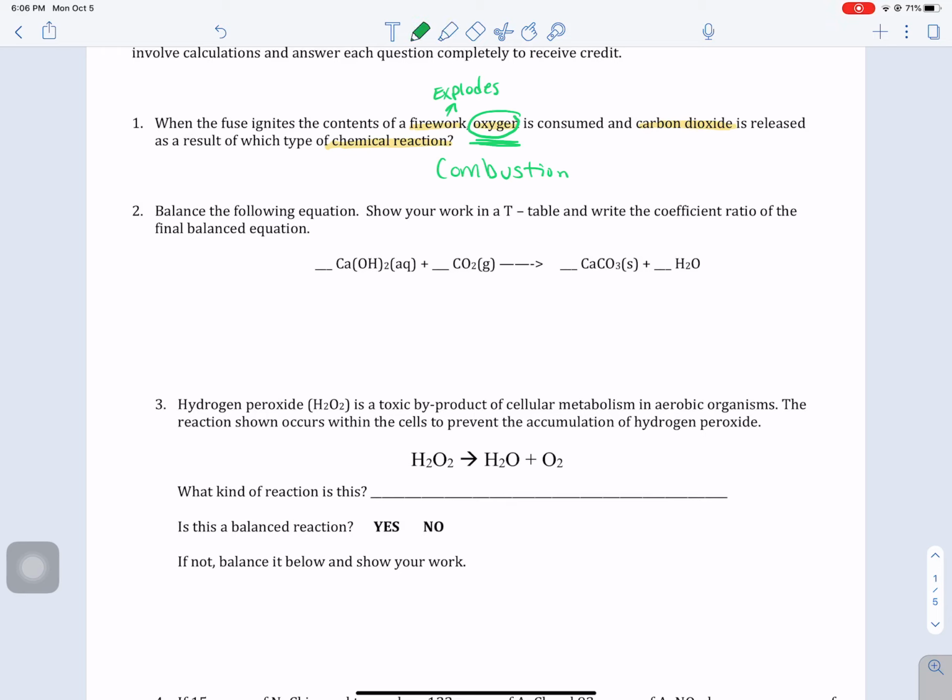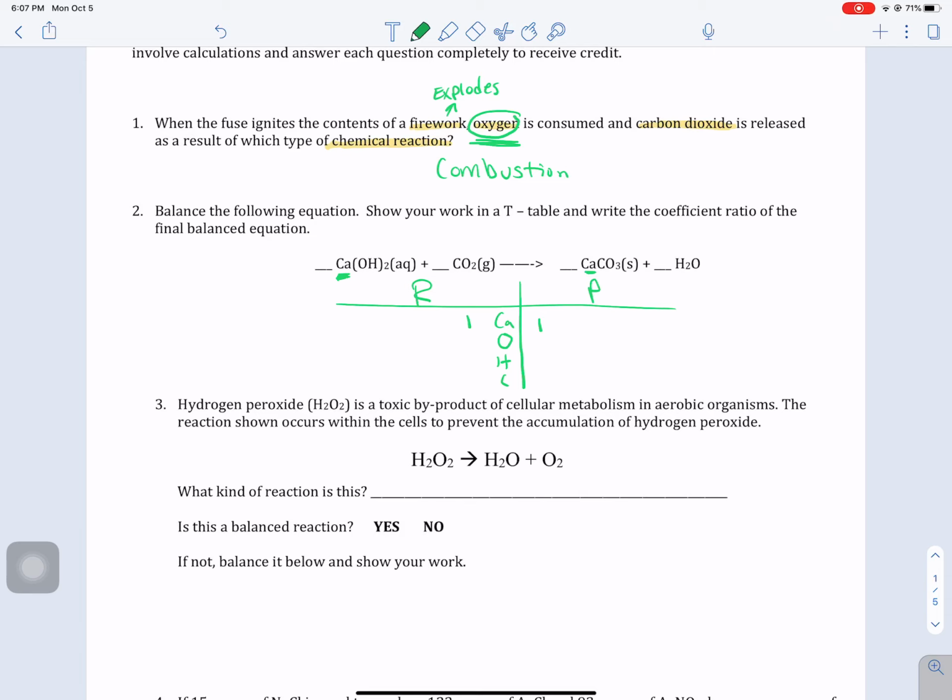Okay, so the second one, we're balancing this equation. So we're going to use our wrap sheet. Over here, remember we have our reactants and products. We have calcium, oxygen, hydrogen, and carbon. If we have calcium here, we have to have it over here. So 1 calcium here, 1 calcium here.